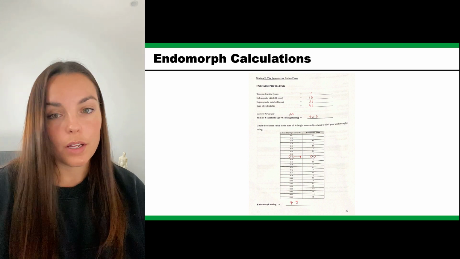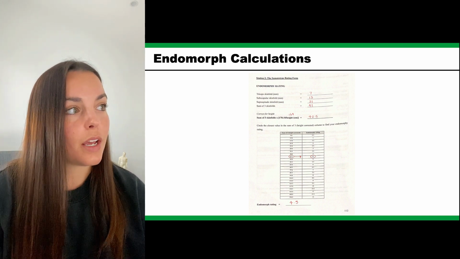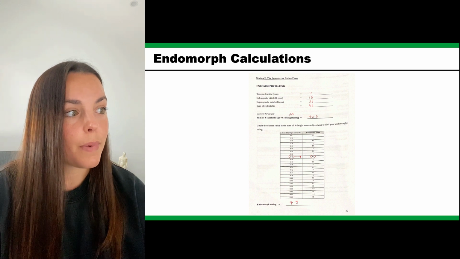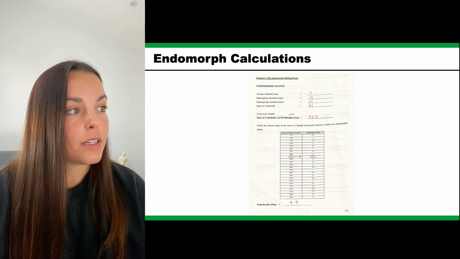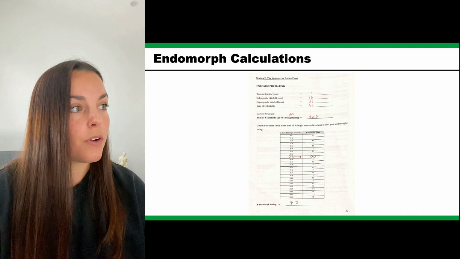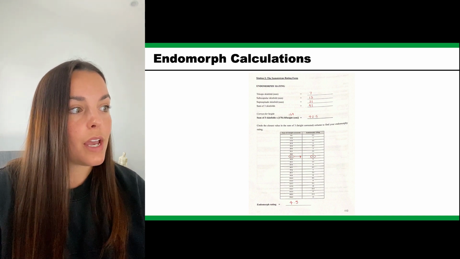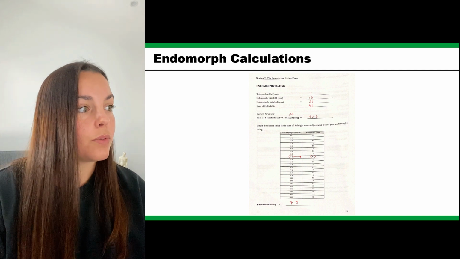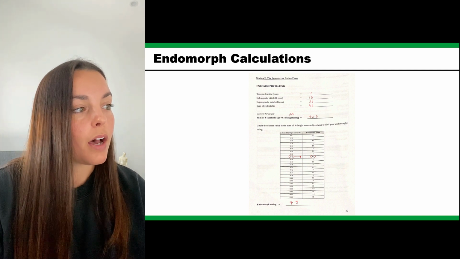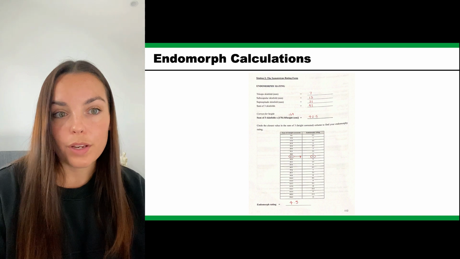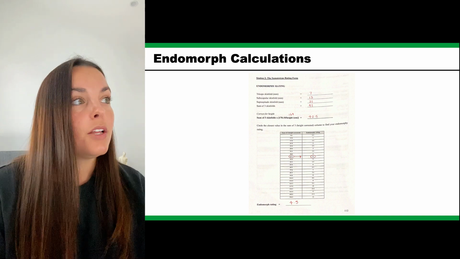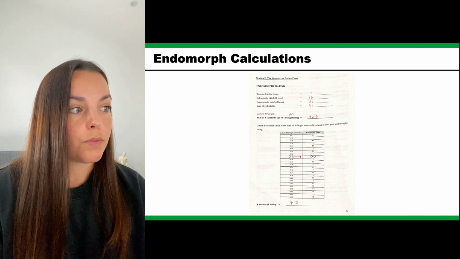So we need to do a little equation there to get the corrected number. And then we can see in that table on the bottom half, we find the sum of the 3 and then read across to the endomorphy rating. And in this example, this person's endomorphy rating resulted in a 4.5. So pretty simple to get the endomorphy rating.